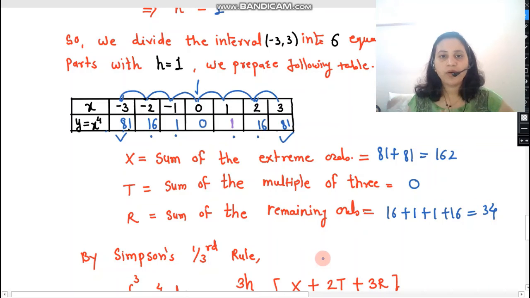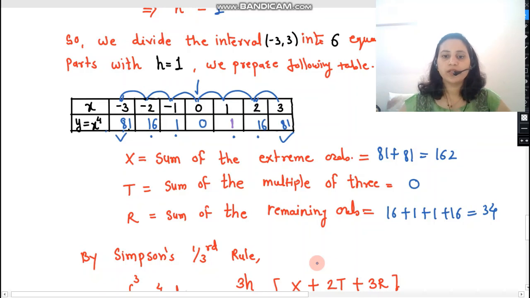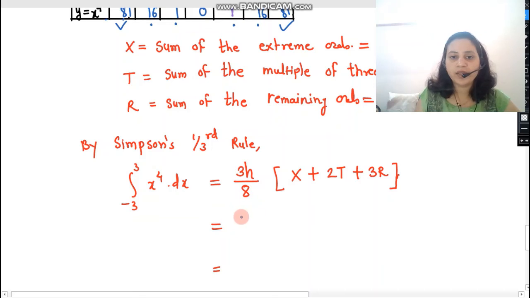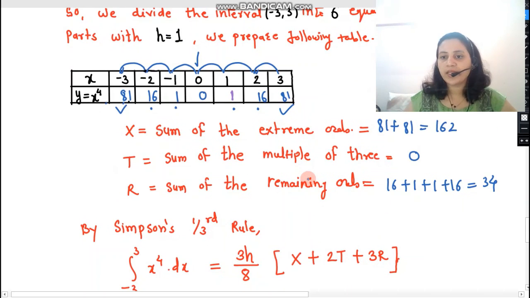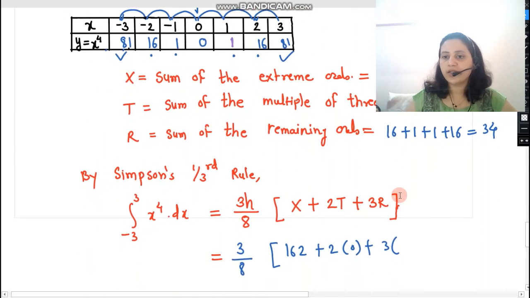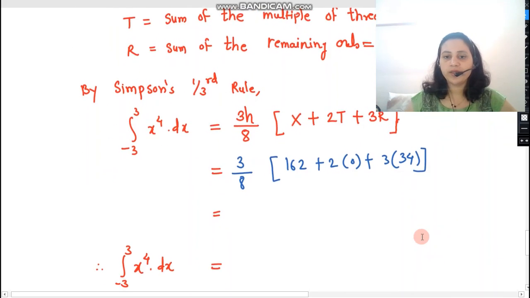Now we have all the values n, h, x, t, r, right? So let's substitute all the values in Simpson's 3 by 8 formula. So 3 as it is, h is equal to 1 here, 8 as it is, what is x? x is 162. So 162 plus 2 into 0 plus 3 into r. So r is 34. Okay.